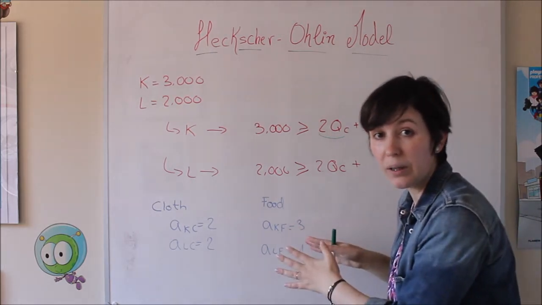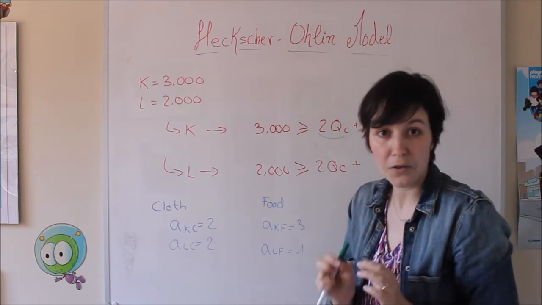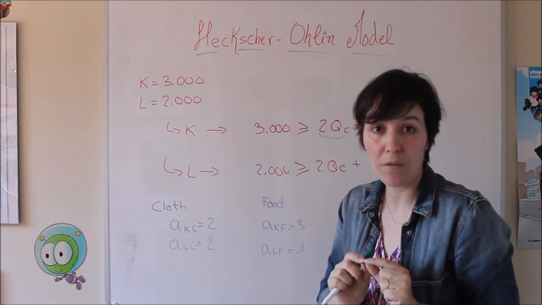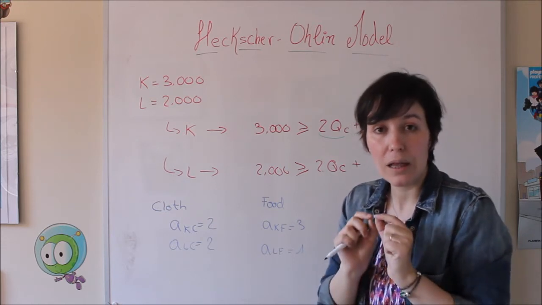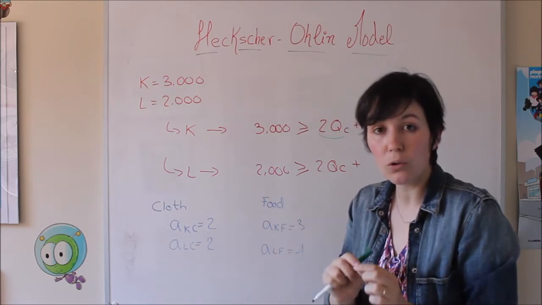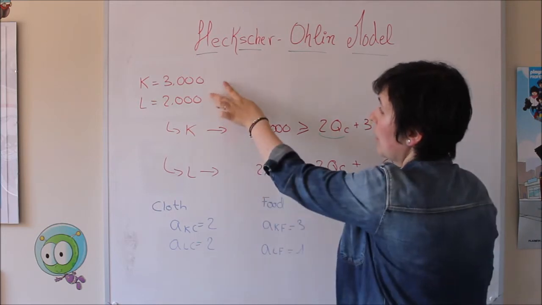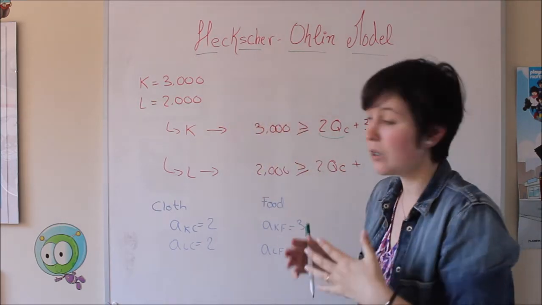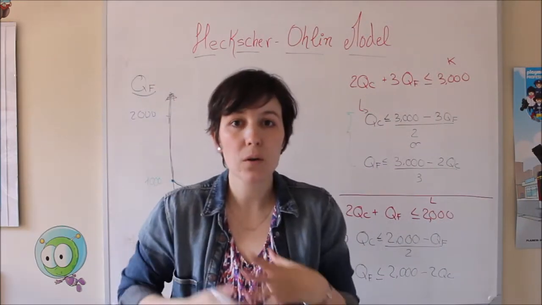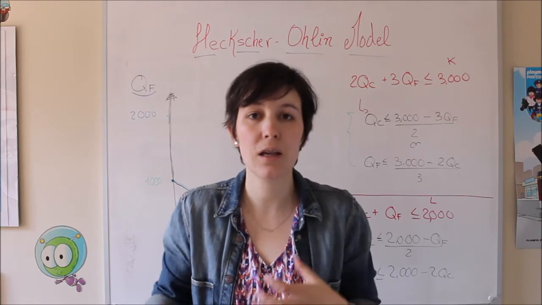And given that combination, we are going to see the output that is the most efficient, and that is going to be 1 point of the PPF, because the PPF is the combination of the production of the 2 goods, clothes and food, given limited resources, when you are using them in the best way.